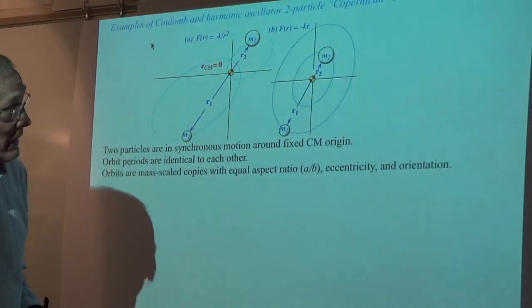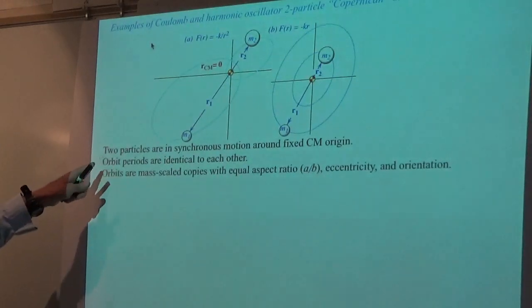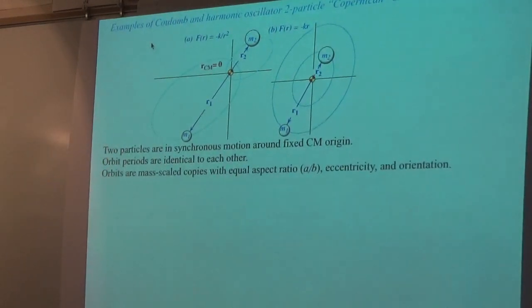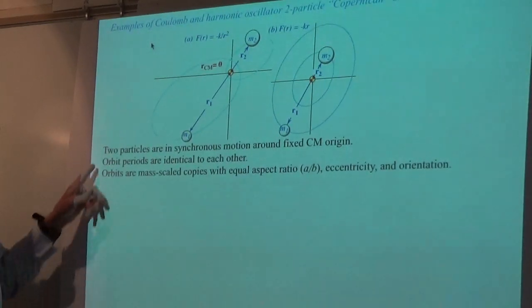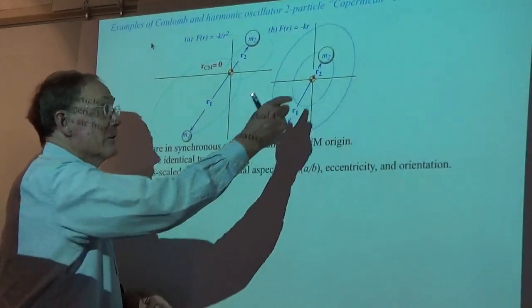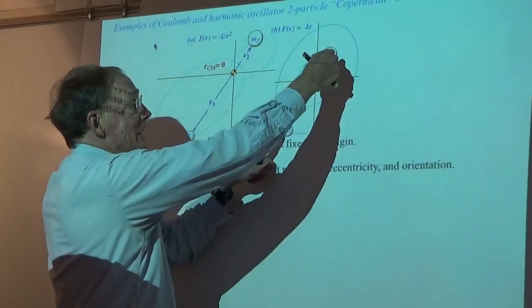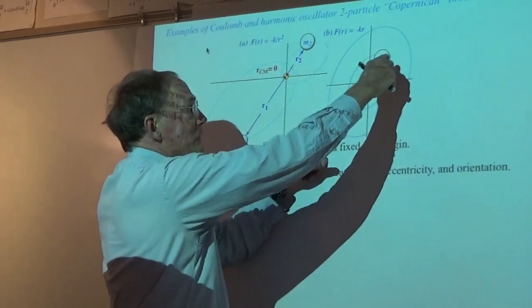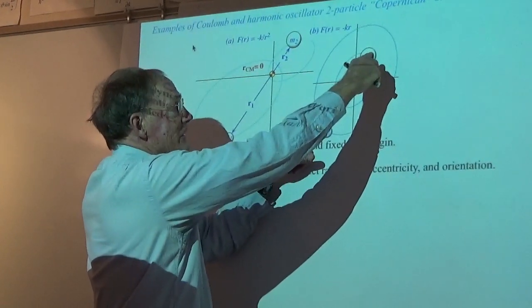So anyway, here's just a list of the things that are true for this weird way, this Copernican, I call it, way of doing mechanics of two particles. The two particles are in synchronous motion. Now the oscillator, they're going to be going around, and they're always opposite each other.